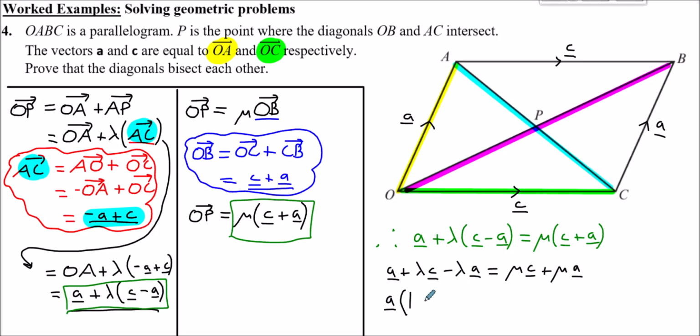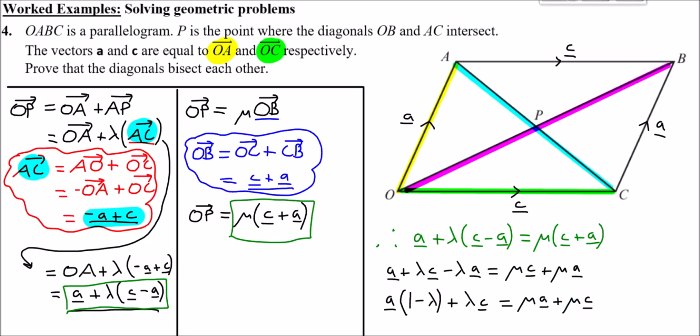This is minus lambda lots of A. So we can factorise out an A and have that. We're just left with lambda C. And that equals mu A plus mu C.